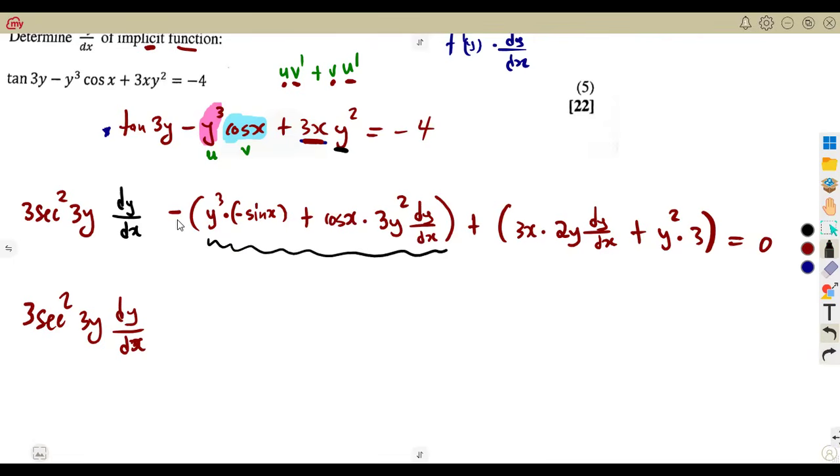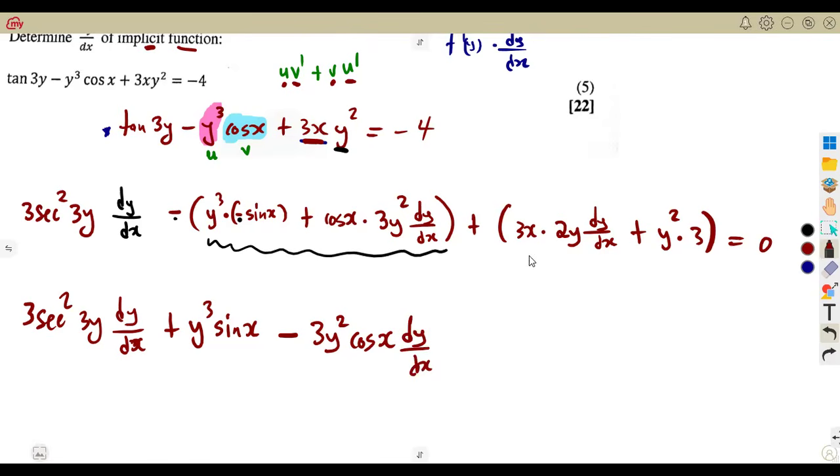So you're going to have a minus and a minus, the first part, which is going to be positive y cubed sine x, okay? Then this is a minus to a plus here, so it is going to give us a minus. But let's simplify what is inside. So you can just write 3y squared cos x dy dx. Do not forget your dy dx.